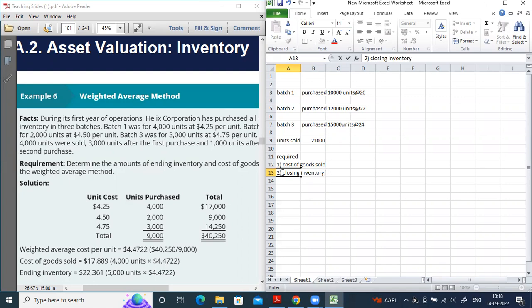You need to use the weighted average method. You have 5 minutes. So do this.